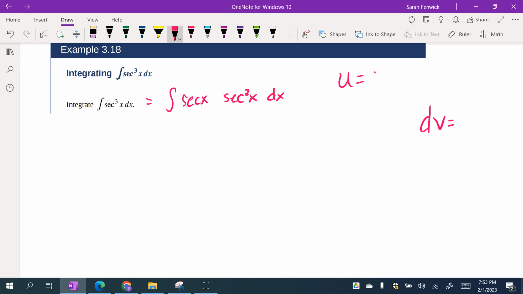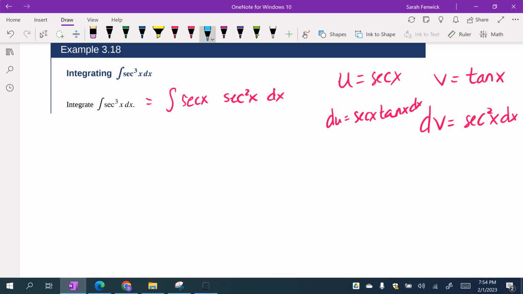So our u is going to be secant x. Du would then be secant x tan x dx. If dv is secant squared x dx, then v is tan x. So integration by parts is u times v.